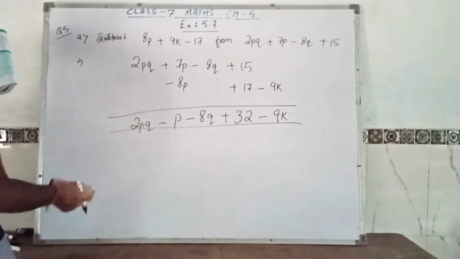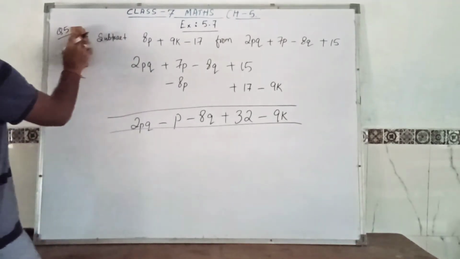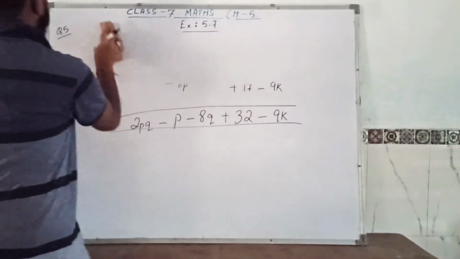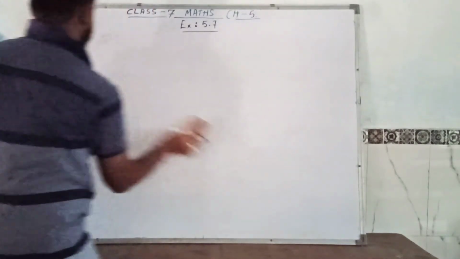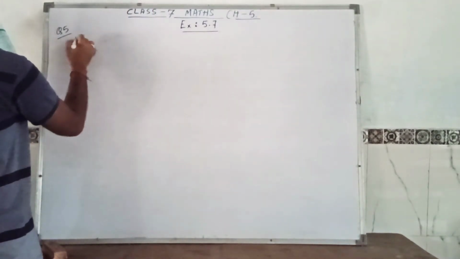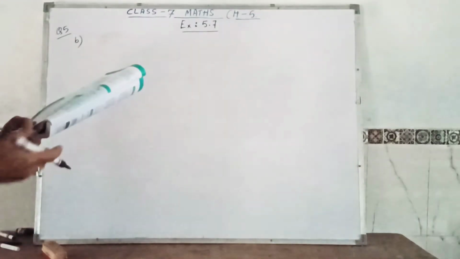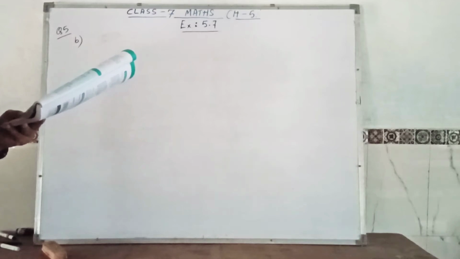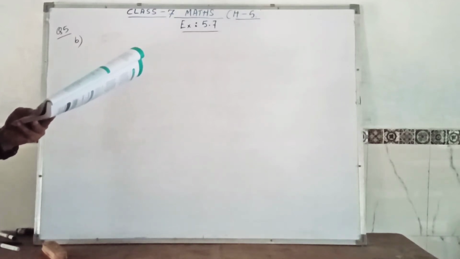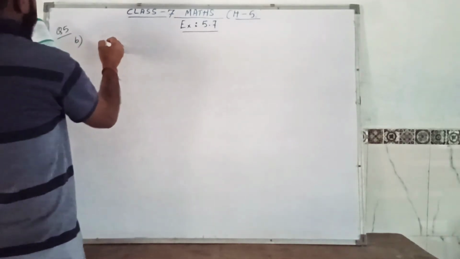Now let us go to the last question, number B. I will not write the question, you look at the question yourself in your textbook. Subtract the following, this one and this one, from the sum of this one and this one. So what is the question saying?